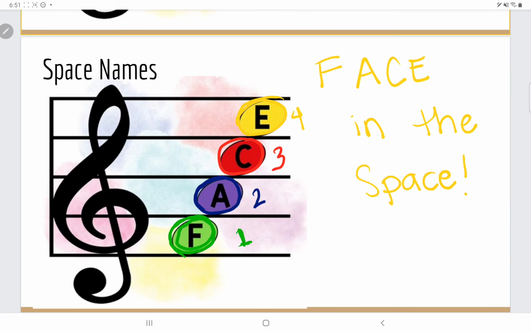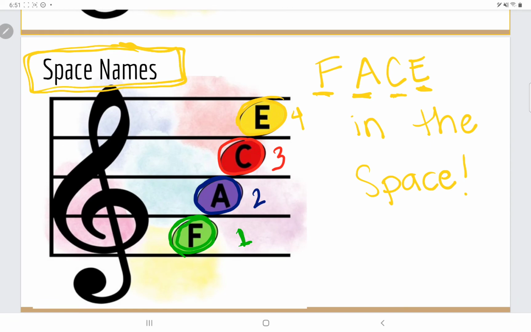So for all of our space names, all we need to remember is that it spells the word face. Starting from the bottom, we start with F, then we go to A, then C, and we finish with E. So we have face in the space for the space names.